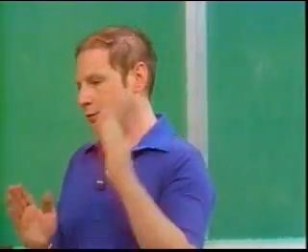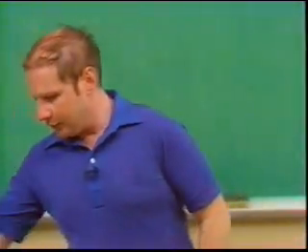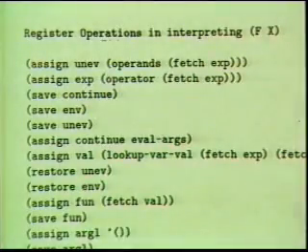And if you start looking at the code, you start seeing some register operations. You see assign to unev the operands, assign to exp the operator, save the environment, and so on. Well, if we look on the overhead here, we can see those operations starting to be produced. Here's the first real operation that the evaluator would have done.